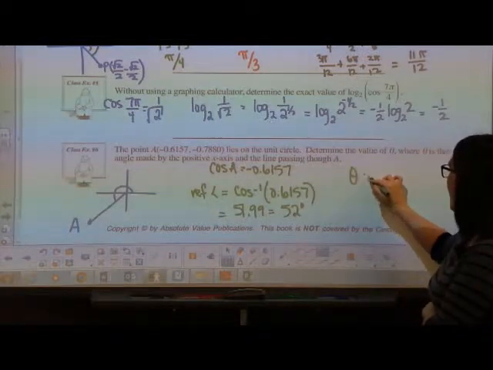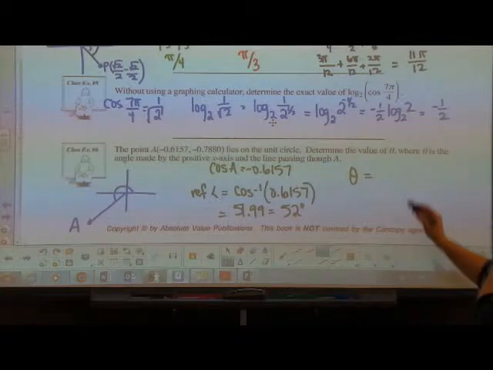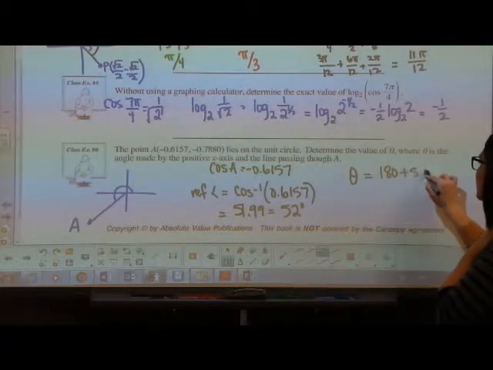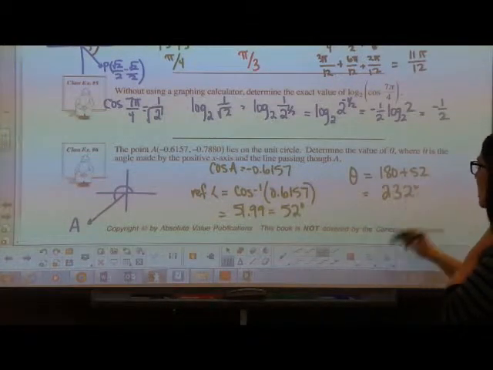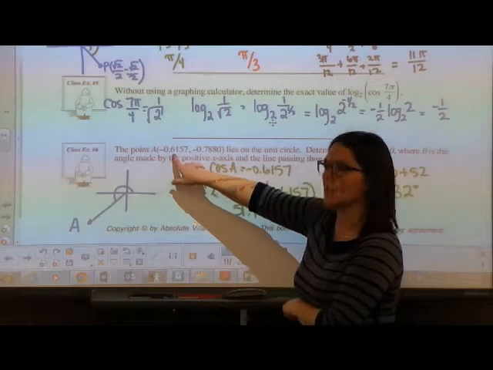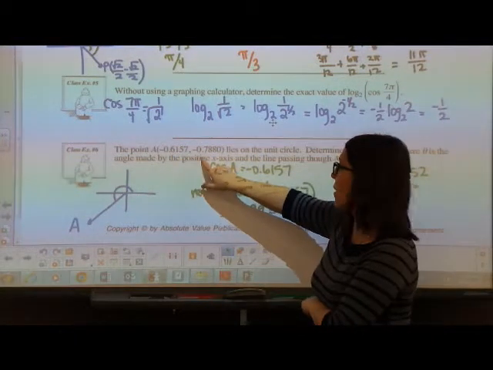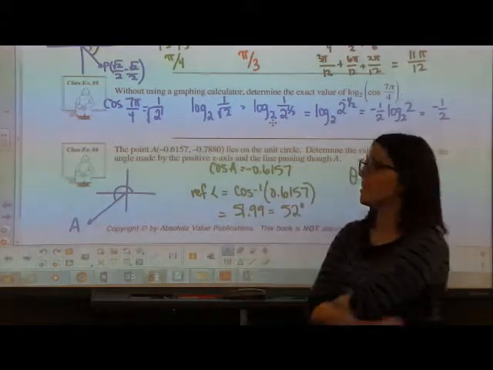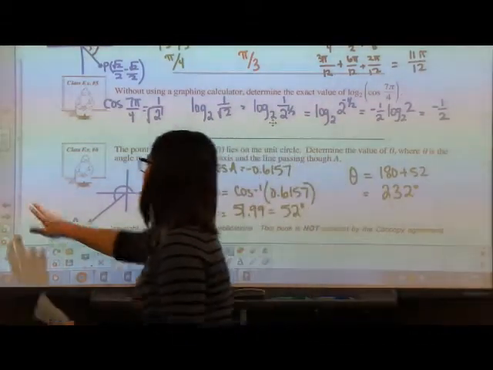So what would angle theta then have to equal? 180 plus 52, which equals 232. And if you go cos 232, do you get a number that's very close to this one? Yep. And if I went sine 232, do I get a number that is close to the y-value? Yes.